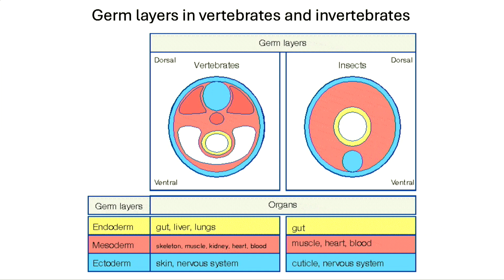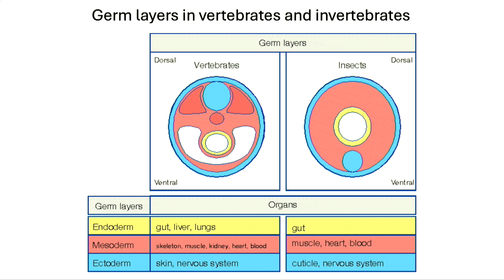When we look at the formation of germ layers, there are some interesting differences between vertebrates and invertebrates. Even though they are both broadly classified into 3 kinds of germ layers, the commonality is that the ectoderm, which forms the skin and the nervous system, is present towards the outside. The nervous system is what is different.